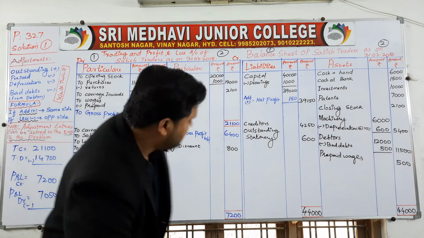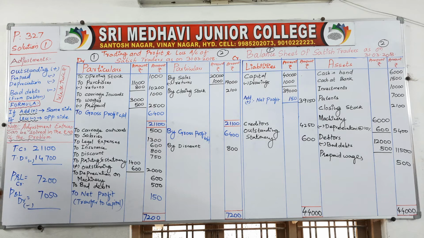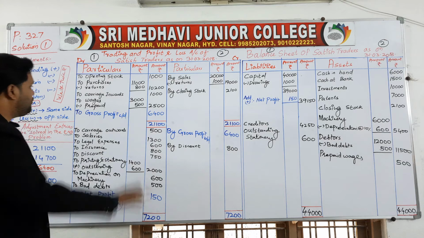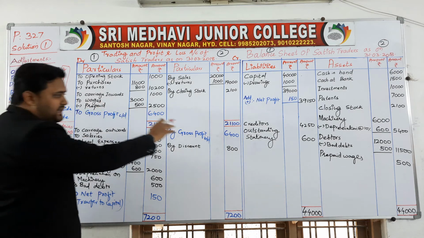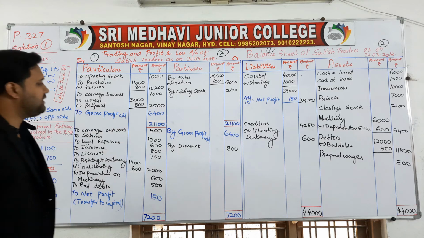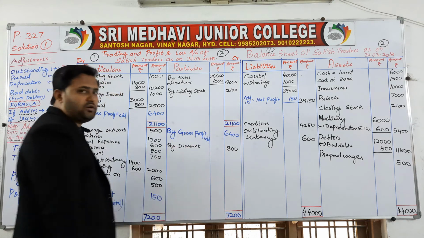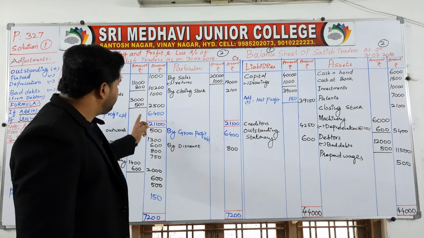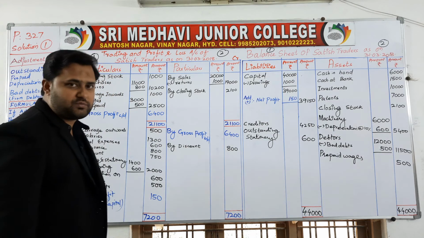If you subtract 14,700 from 21,100, you will come to know that your gross profit is 6,400. After knowing the gross profit, transfer that gross profit to your profit and loss account credit side: to gross profit carried down, here by gross profit brought down 6,400. This is how you are going to transfer.